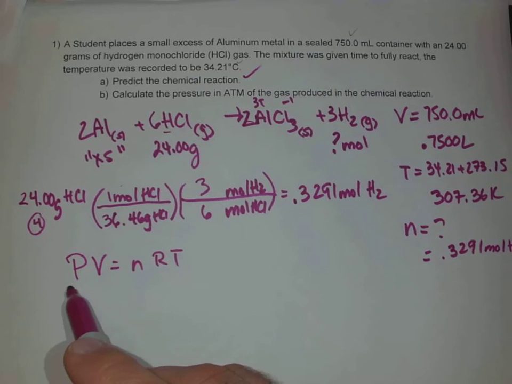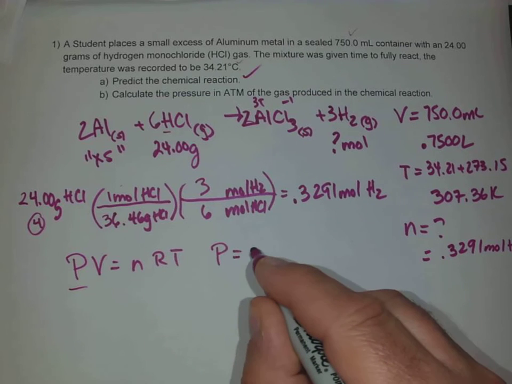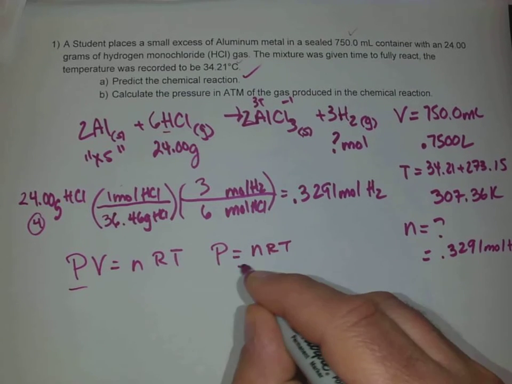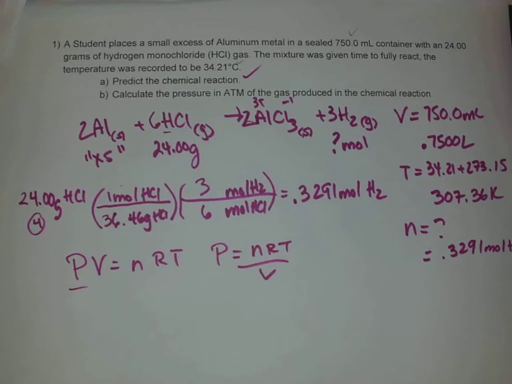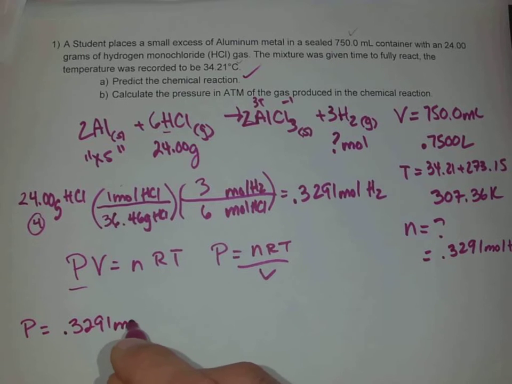So we are trying to find pressure. All right, so moving the equation around, P equals nRT over V. So doing that, we want to plug in pressure equals n, which we just figured out to be 0.3291 moles.